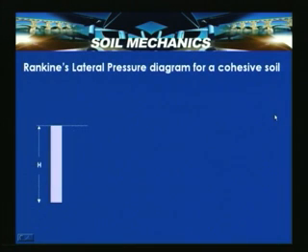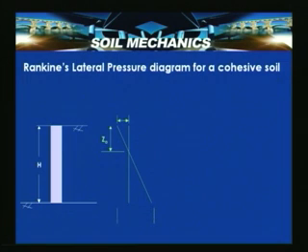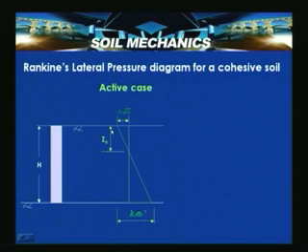Now Rankine's lateral pressure diagram for a cohesive soil. What we saw in the active case is that minus 2c root Ka is the earth pressure at top, because Ka gamma z minus 2c root Ka, with z equal to 0, gives a pressure of minus 2c root Ka here.